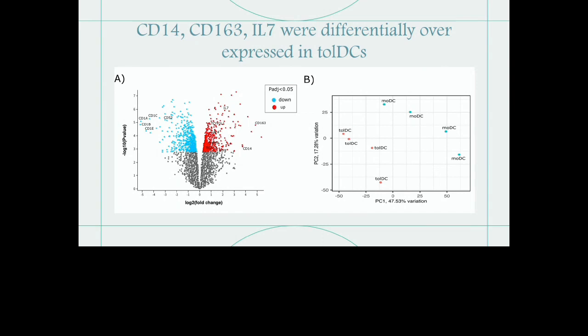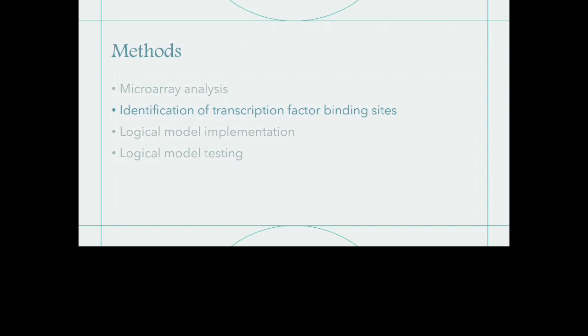We also performed a PCA plot to look at the clusters of tolerogenic dendritic cells and moDCs. We also identified 5 transcription factors that were overexpressed in the tolerogenic dendritic cells. Three of them, TCF7L2, TFCP2L1 and GATA4, have not been related to dendritic cell behavior at all, and there are also IRF8 and CEBPB.